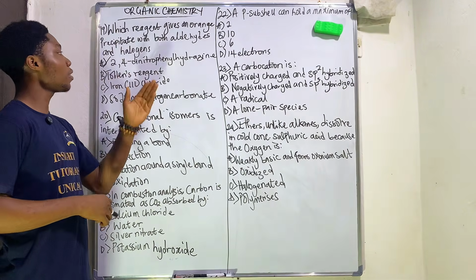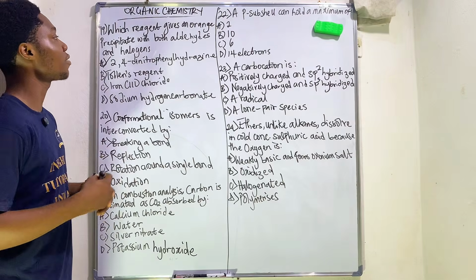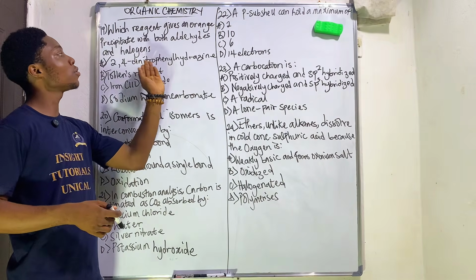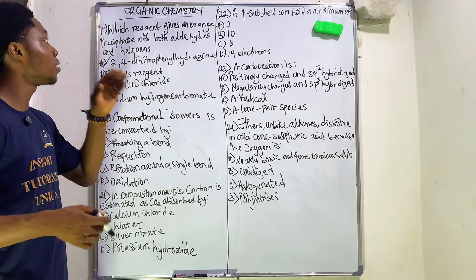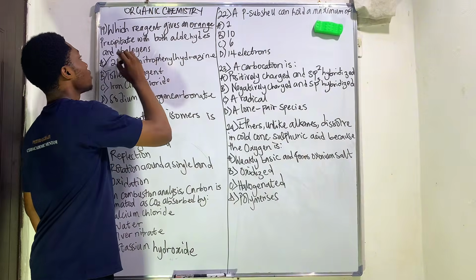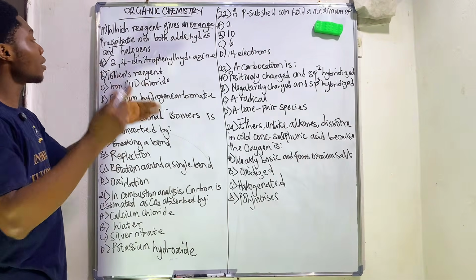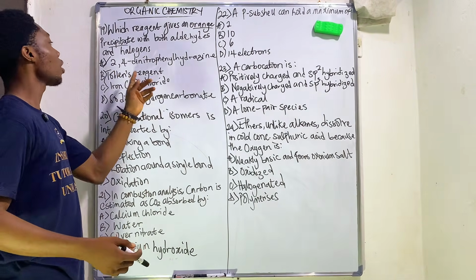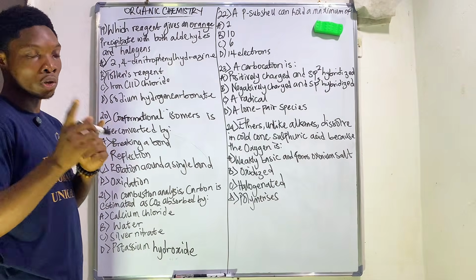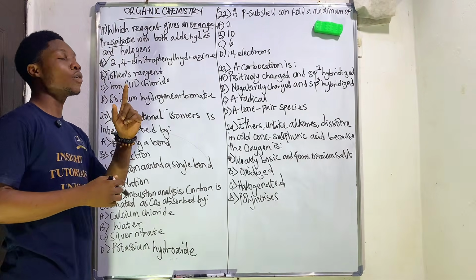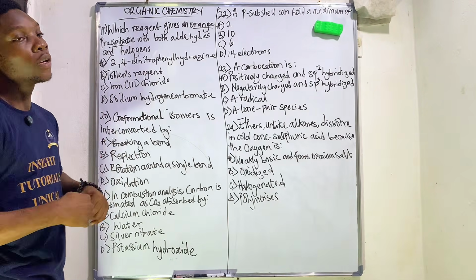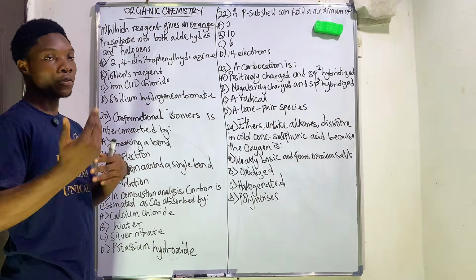Right. Now, Tollens reagent is a specific test for aldehydes. 2,4-dinitrophenylhydrazine gives an orange precipitate with aldehydes and also ketones, right? Tollens reagent is very, very specific for just aldehydes. Iron 3 chloride is used to test for phenols.